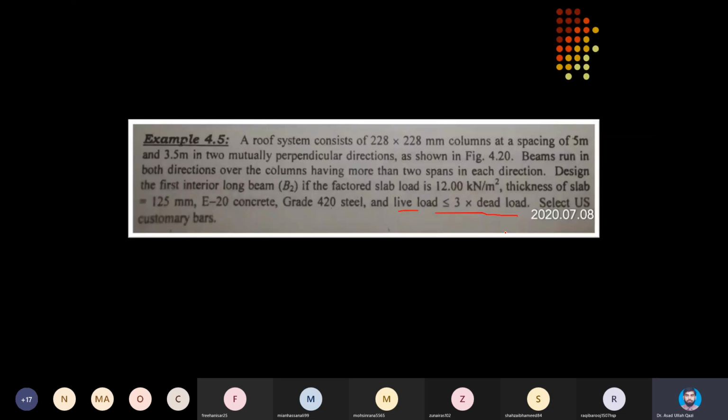There are no lateral loads. Beam cross sections should be prismatic, so these coefficients are not applicable for varying cross sections. So obviously you will finally select prismatic sections, so you are not going to vary the cross sections within spans. So more or less all the limitations of moment coefficients are fulfilled.